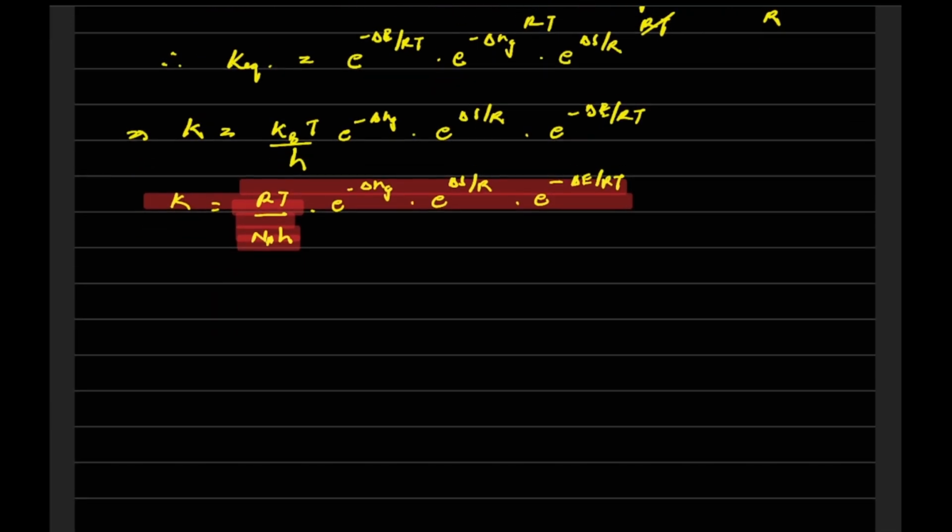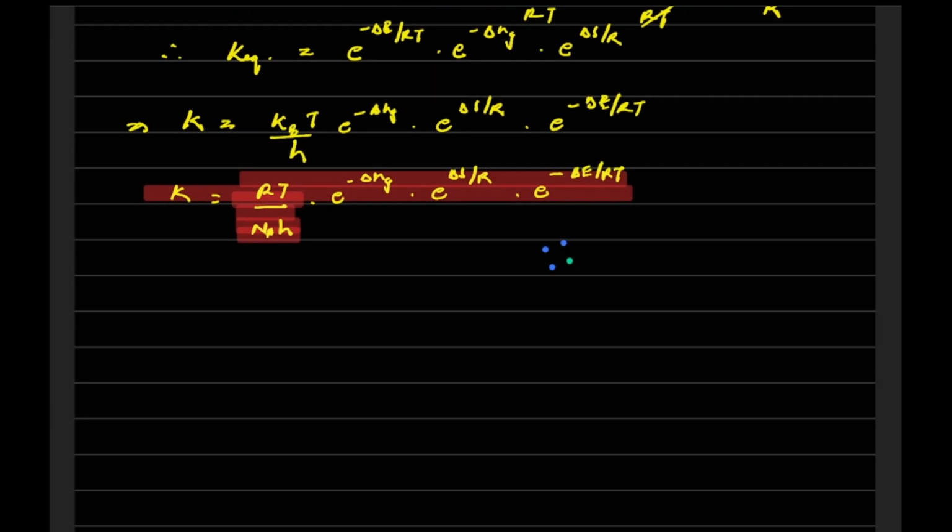Okay, so if this is the relation of K and delta S, we can also write delta S is equal to A plus RT into delta Ng minus 1, where delta Ng is equal to the number of moles of product minus the number of moles of reactant.